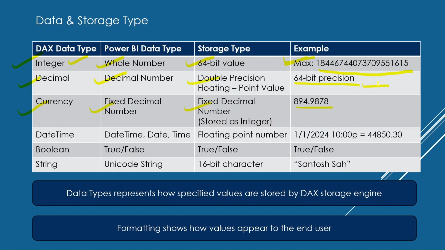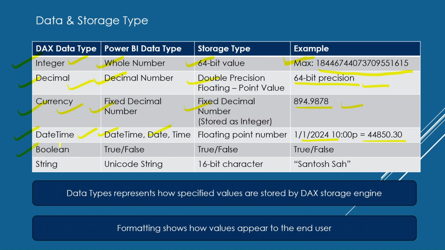This 64-bit precision is an example of the data we store in the decimal data type, and this is an example of the data we store in the currency data type. The date and time data type in DAX is stored in Power BI in the form of date and time, date or time. And this is an example of the data stored in this data type.